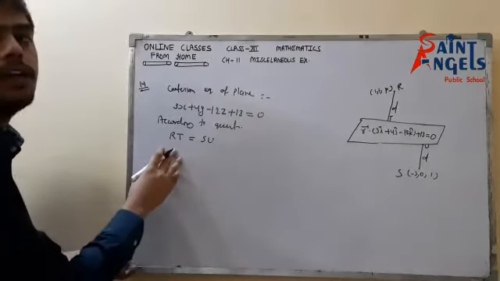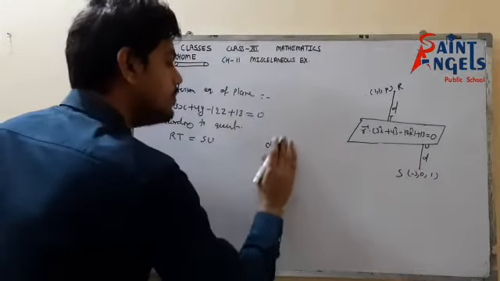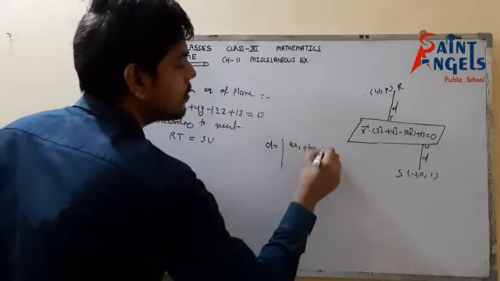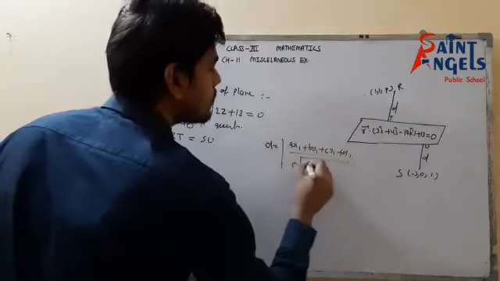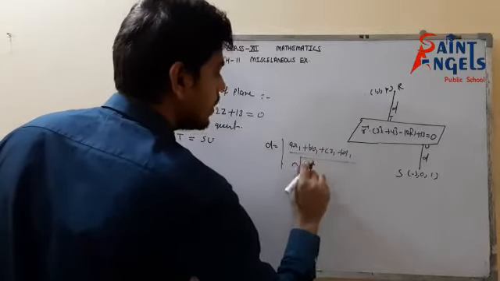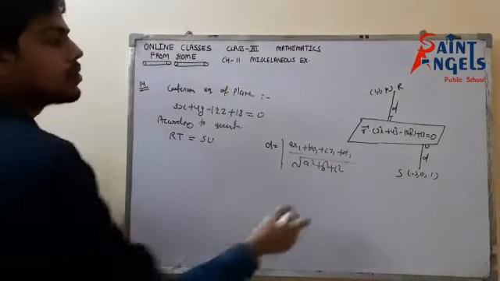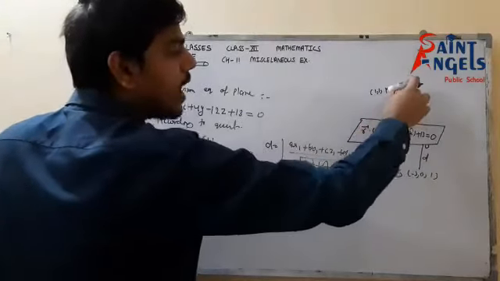Our distance formula D we are all aware of: modulus of Ax1 plus By1 plus Cz1 plus D1 upon under root A square plus B square plus C square. That was the formula, so the similar formula will apply over here for RT, the distance between point R and T.